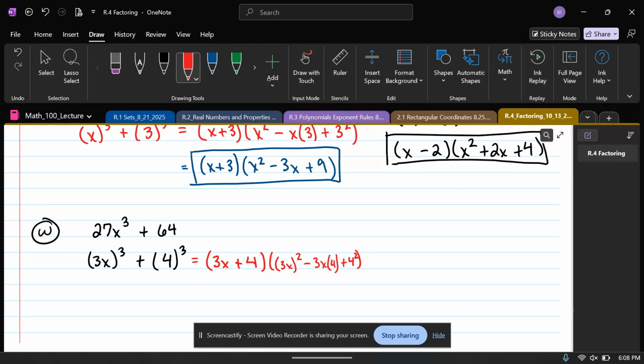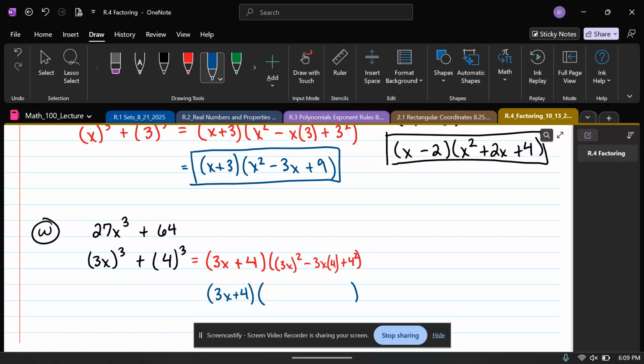So maybe on this one, writing that extra step in there is helpful because it's bigger things. Because I'm squaring that 3x, it isn't just x squared in the front. It's 3x squared. So that turns into 3x plus 4, and then what's the long factor? 3x squared.